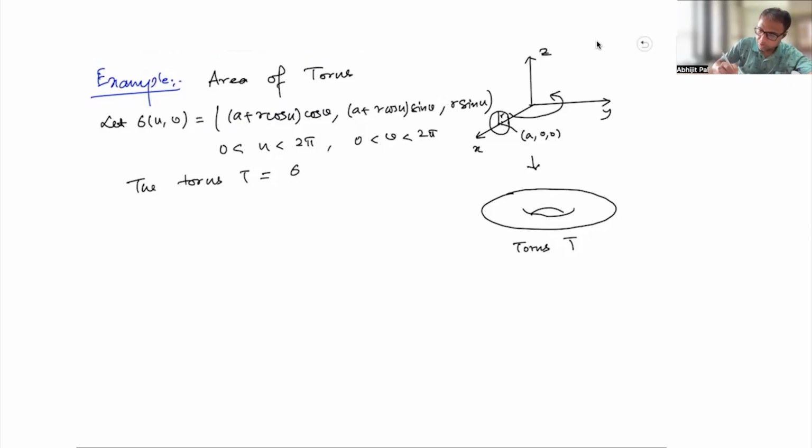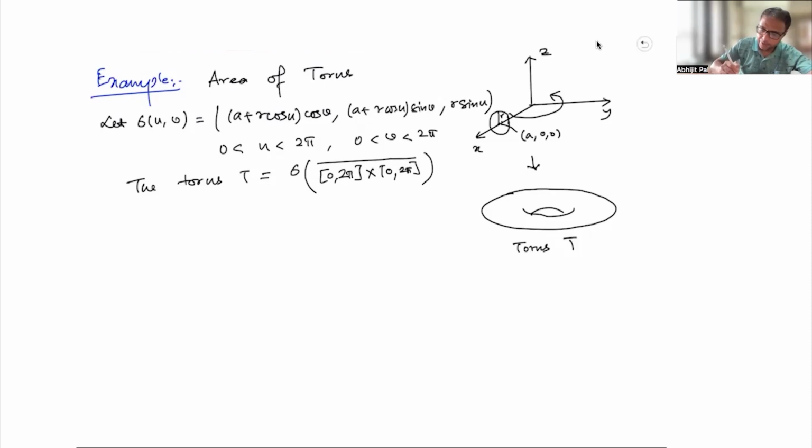And now this T will be equal to sigma of the closure of the interval 0 to 2 pi cross 0 to 2 pi.